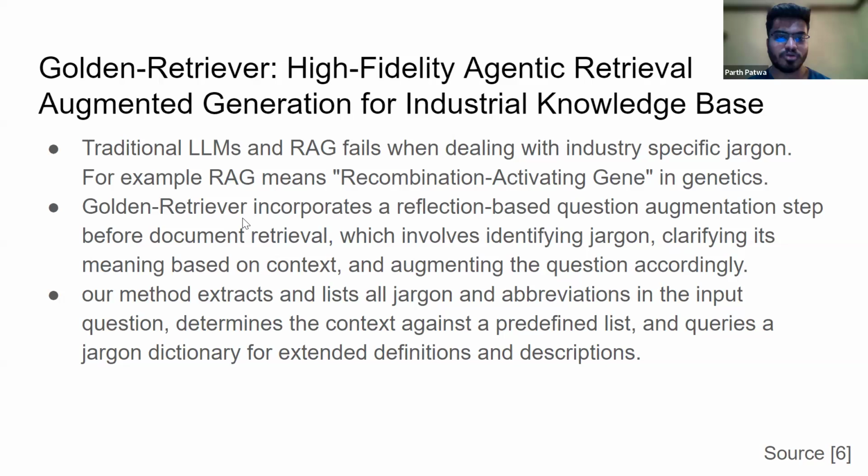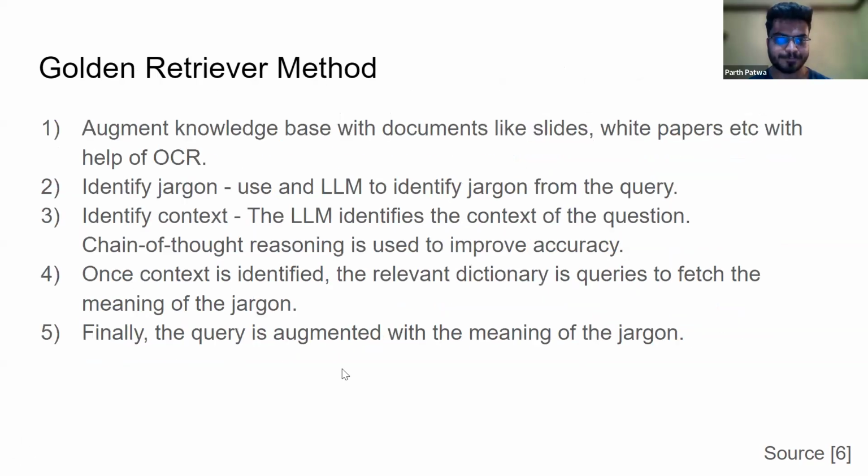So what Golden Retriever does is use a reflection step to first identify the jargon and then clarify its meaning based on context. First we list the jargons, then we determine the context or which domain it belongs to, then we query that particular domain's knowledge base and get all the definitions.